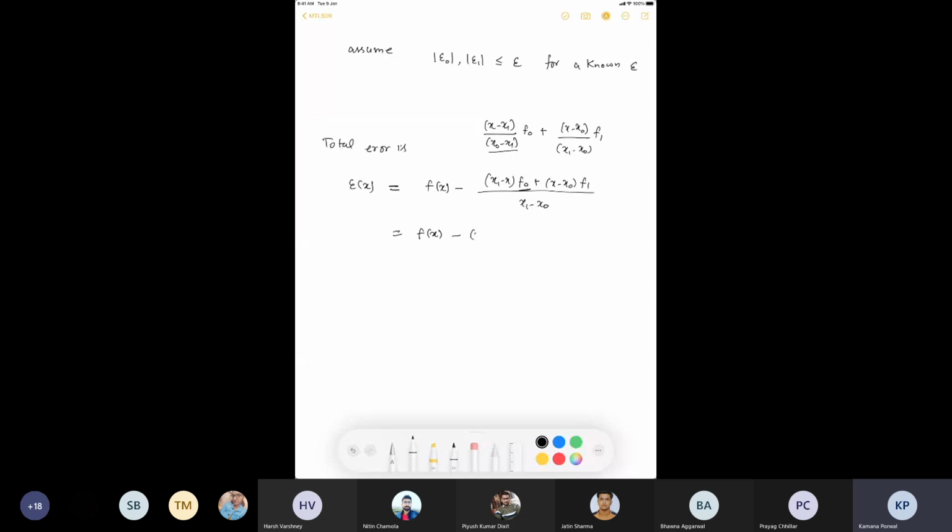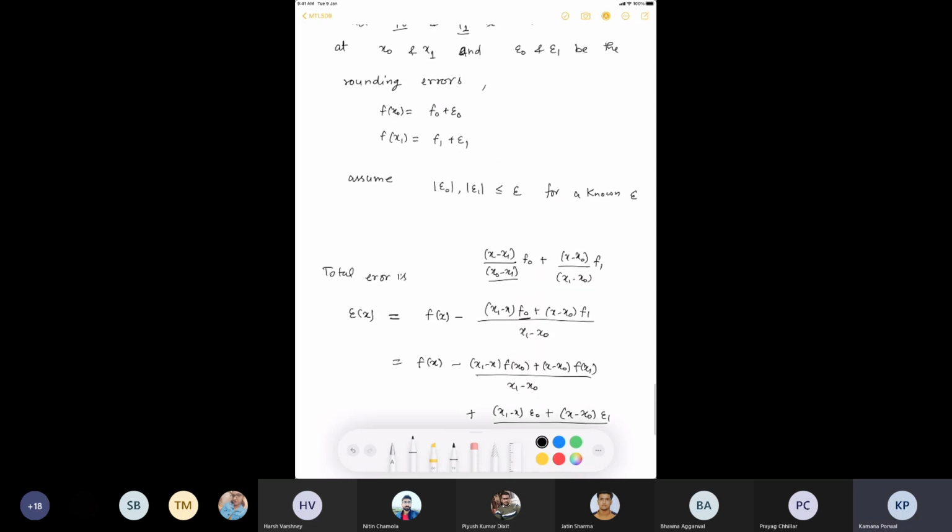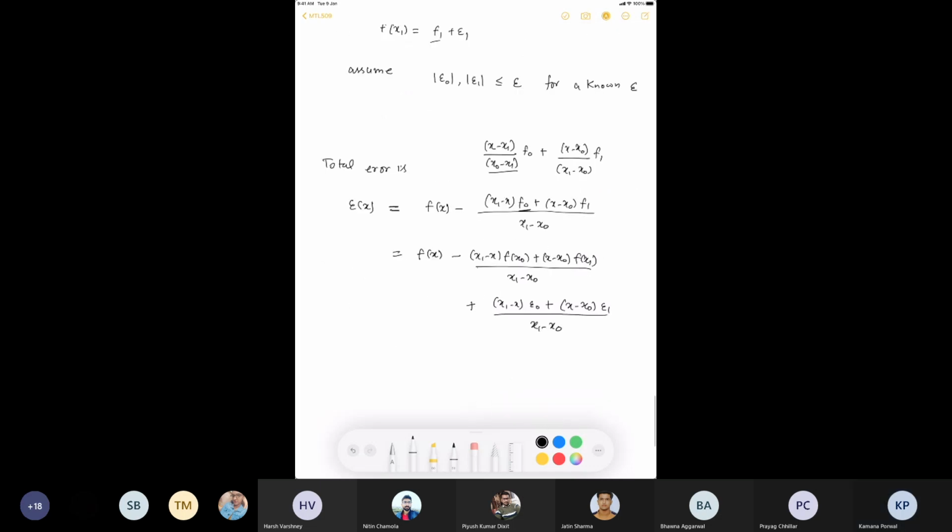So what I will get is this term, and then I will get (x1 minus x) times epsilon naught plus (x minus x naught) times epsilon 1, divided by x1 minus x naught. So I've just used that f naught and f1 is given by f of xi minus epsilon i.